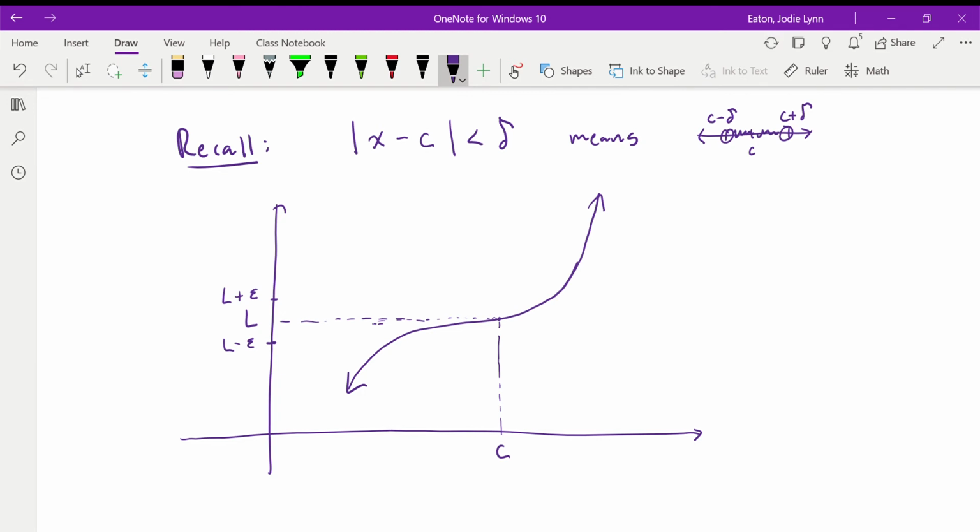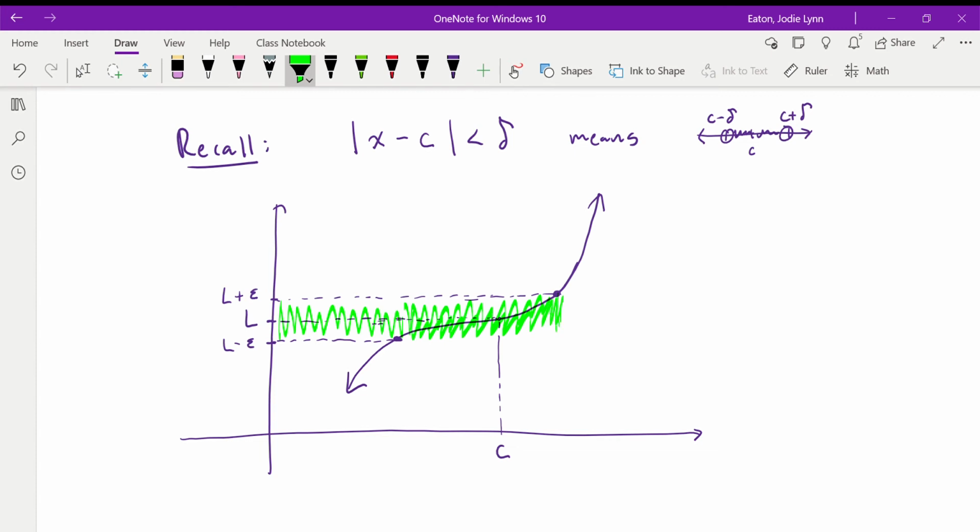We need to be epsilon away on either side, so we have L plus epsilon and L minus epsilon. That gives us a little range from L minus epsilon to L plus epsilon that we have to stay within, a little green range of our y values.